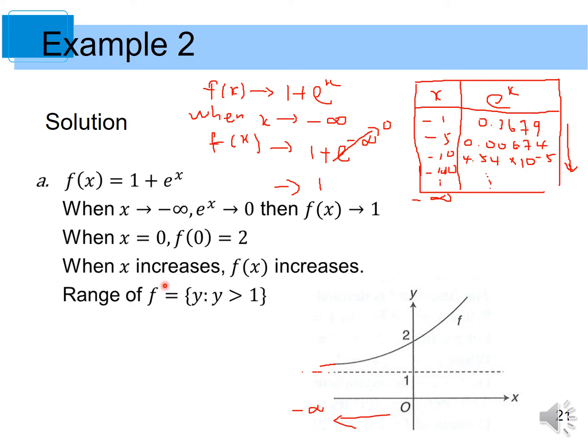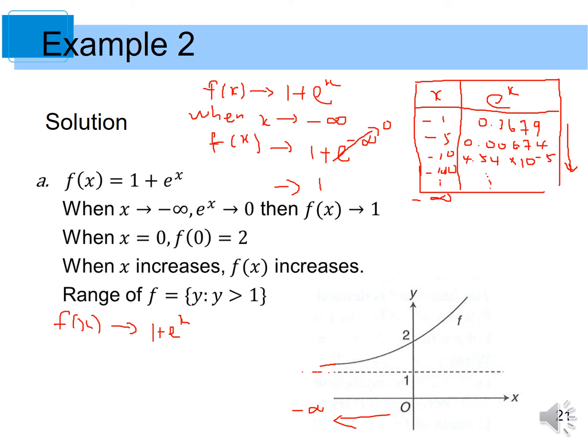When x increases, f(x) increases. Is it true? You can prove. I show you once. So f(x) is 1 plus exponent x. We have studied when the curve towards left, the curve will closer to 1.